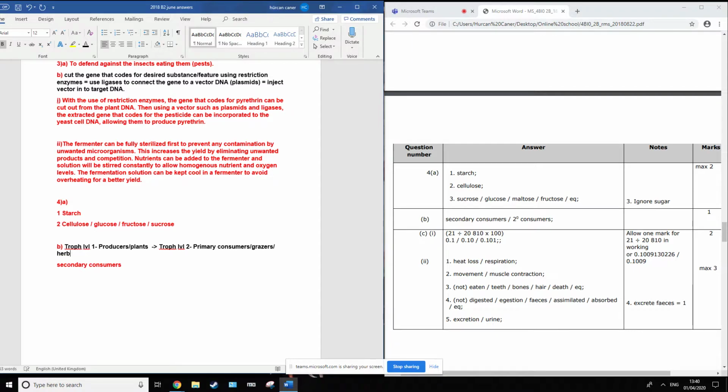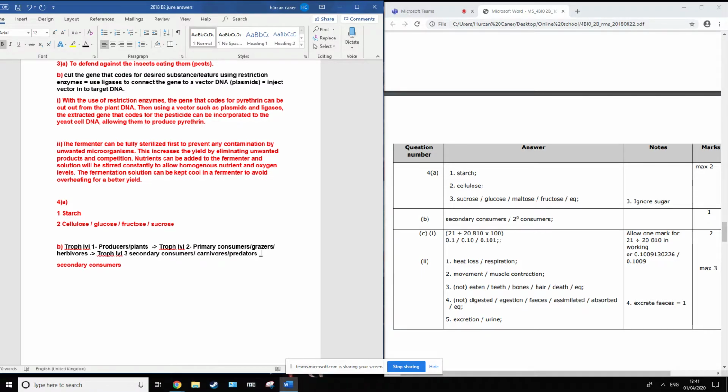Then you have your trophic level 3. These are your secondary consumers. They're usually carnivores, predators.